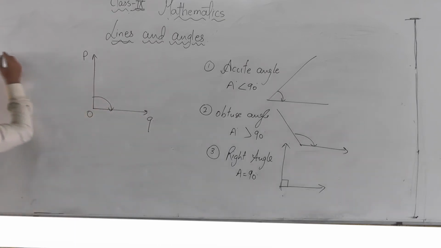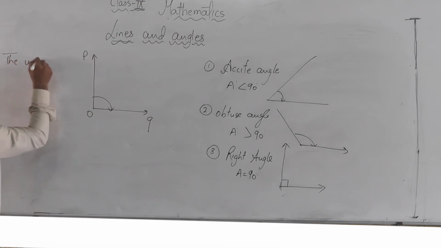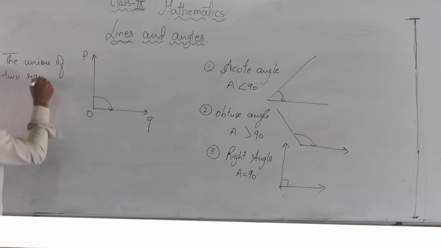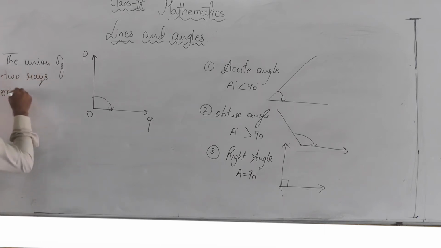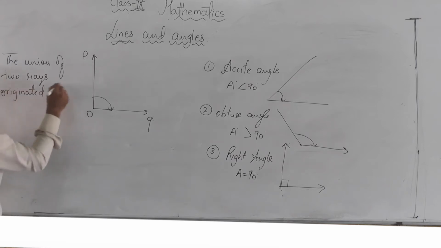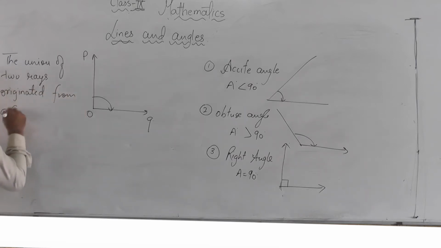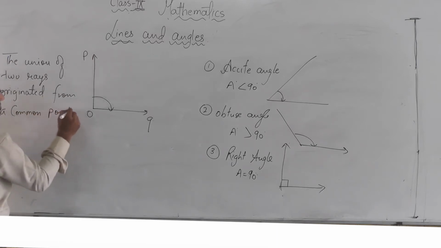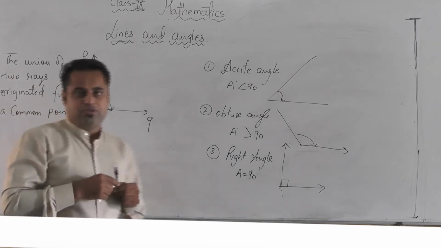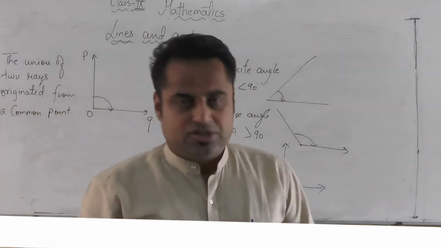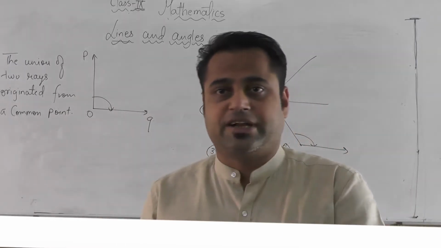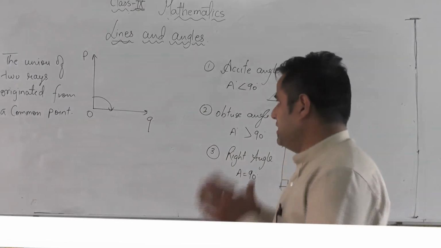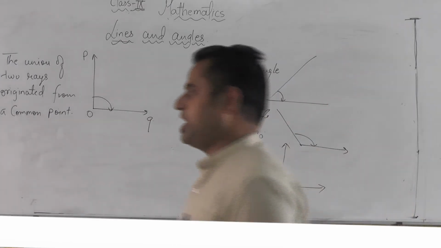You can say the union of two rays originated from a common point. This is my wording of the definition, but in reference books and other books the language would be different, but the basic concept is the same. When two rays originate from a point, it is called an angle. The measurement of the leaning of two rays is actually an angle.